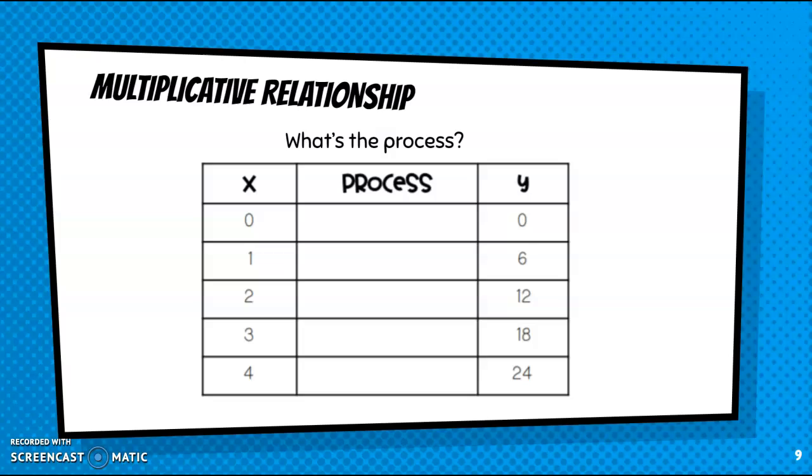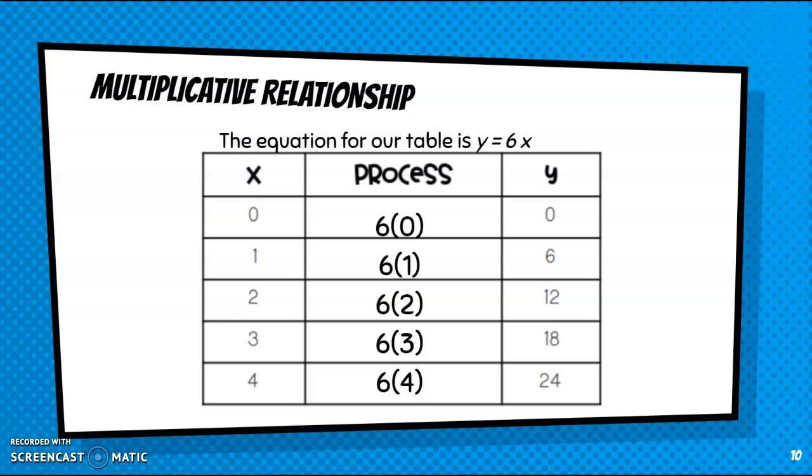To get from x to y, we would multiply by 6. 0 times 6 is 0. 1 times 6 is 6. 2 times 6 is 12. 3 times 6 is 18. And 4 times 6 is 24. The equation for our table is going to be y equals 6x because we're multiplying each x value by 6 to get our y.